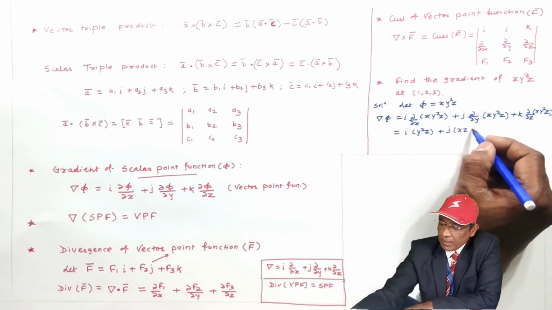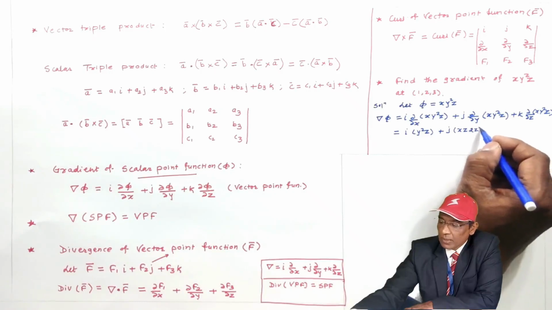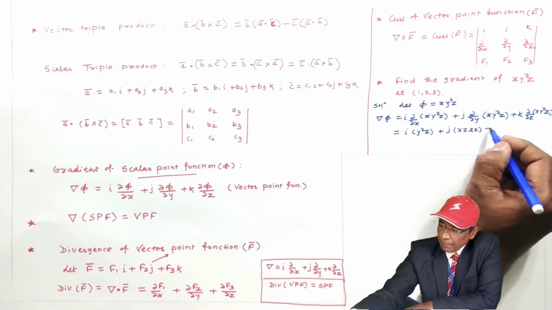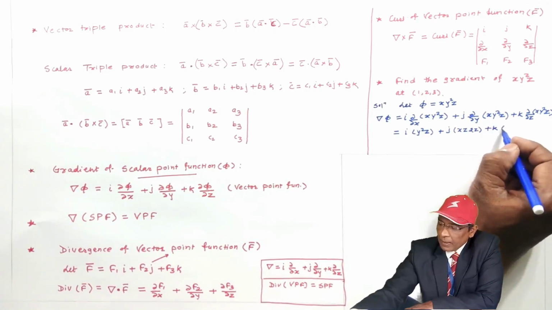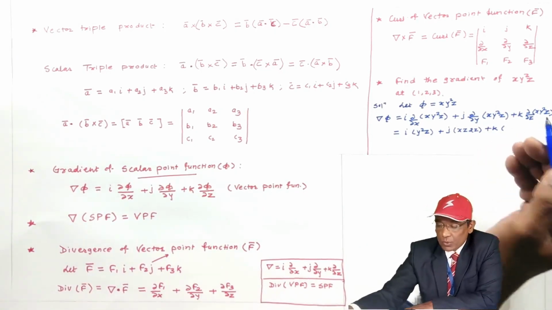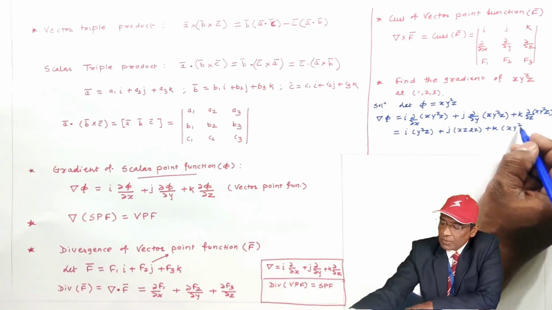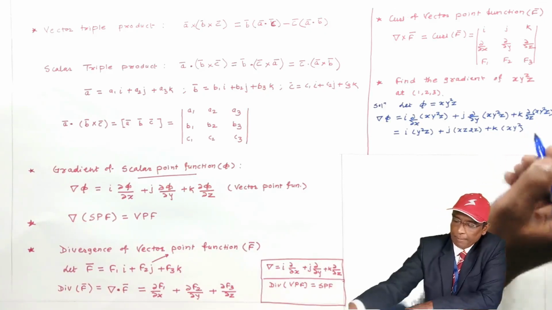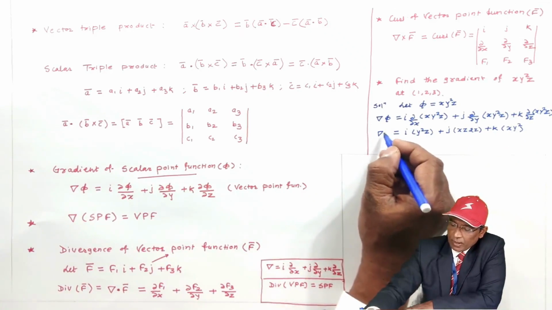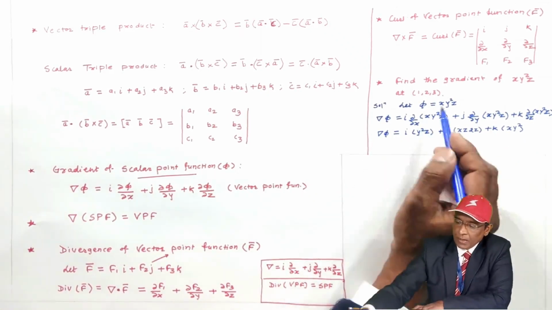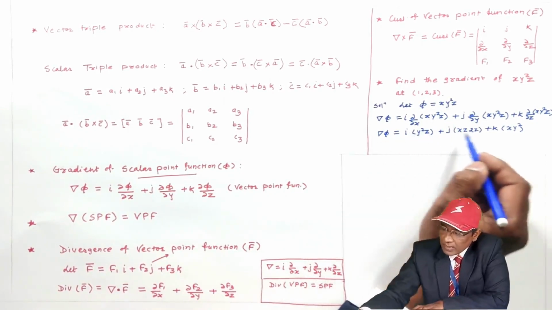Okay, I am writing 2 like this and z, otherwise you will be in confusion about what is z and what is 2. Plus k multiplied by the derivative with respect to z keeping x and y constant. See, x and y square are multiplicative constants and derivative of z with respect to z is 1. So this is the gradient of phi. Phi is given and this is the gradient of phi.